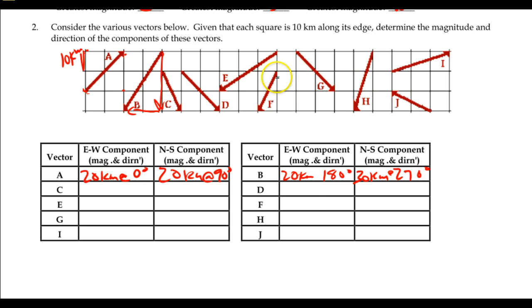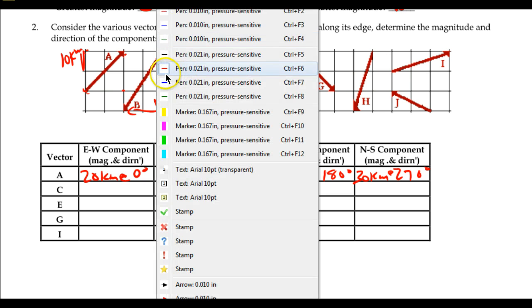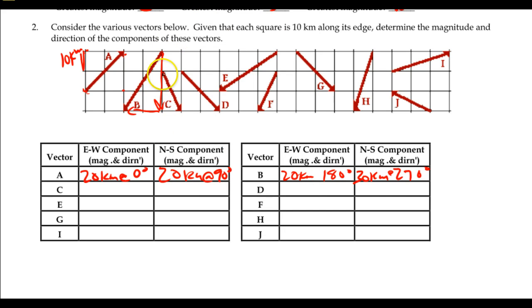For C, its components go south and east. The east component is 0 degrees, and it's 1 block, so that's 10 kilometers at 0 degrees. And then the south component goes 20 kilometers, 2 blocks, and that's at 270 degrees.